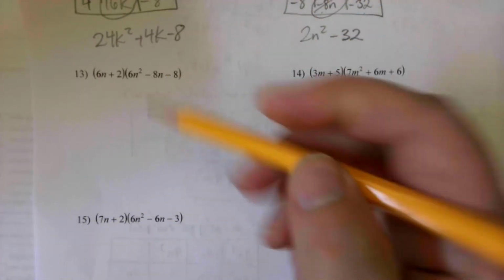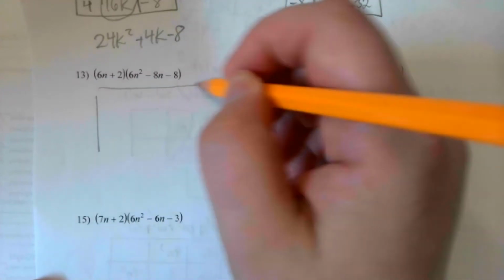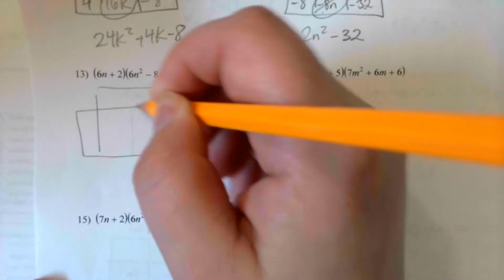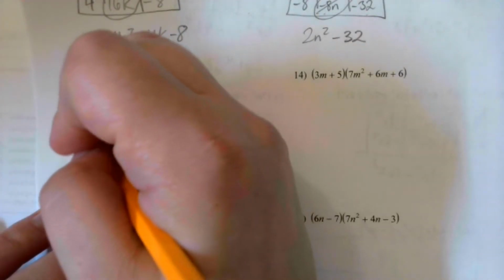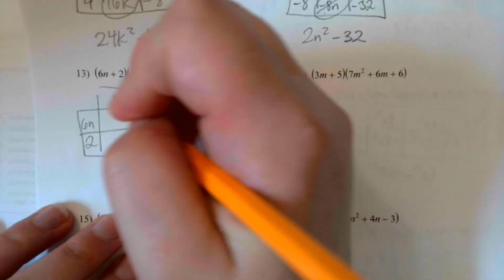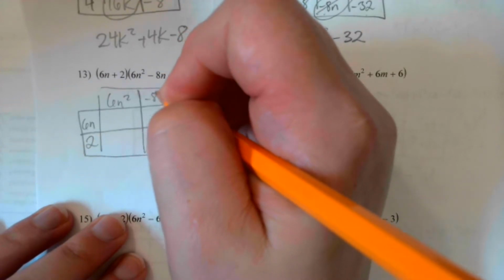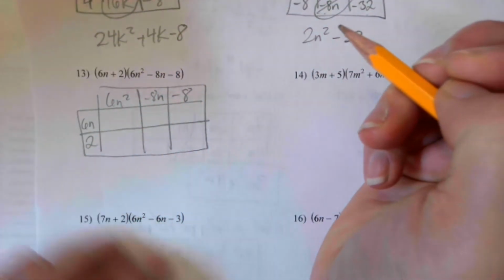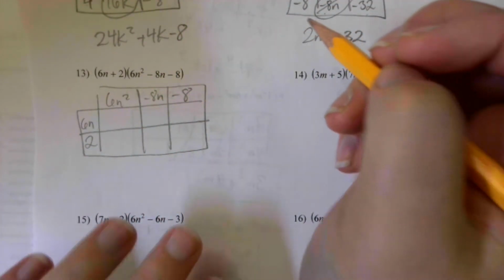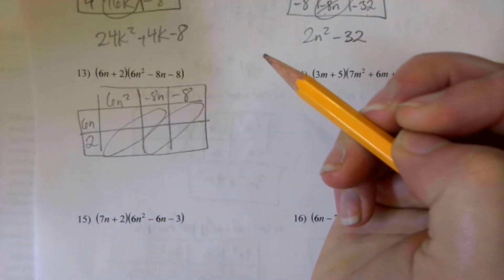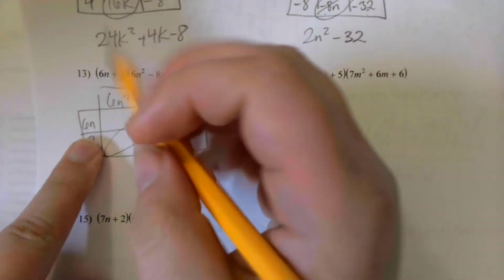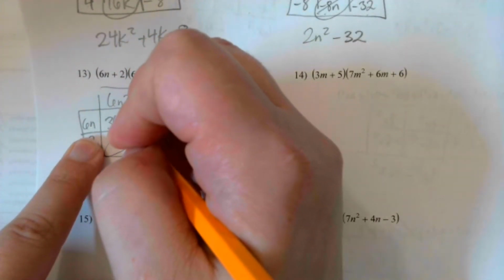Okay, this one, we've definitely done this before. This one you're going to have to combine like terms twice. 6 times 6, 36.